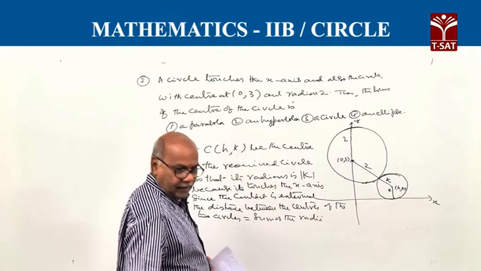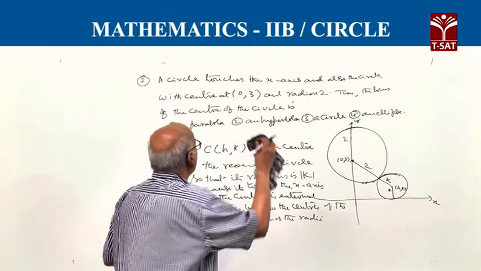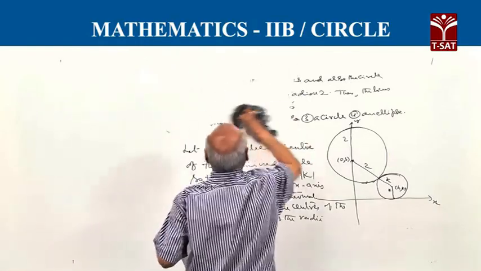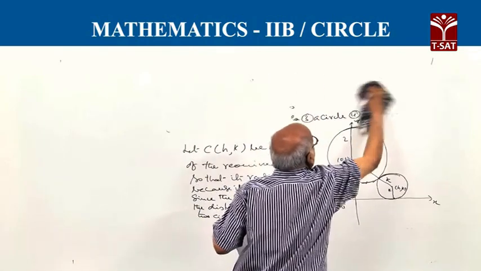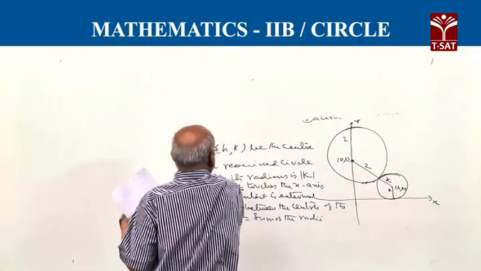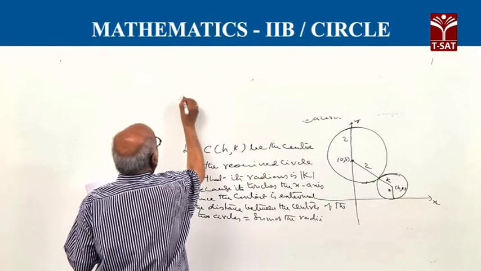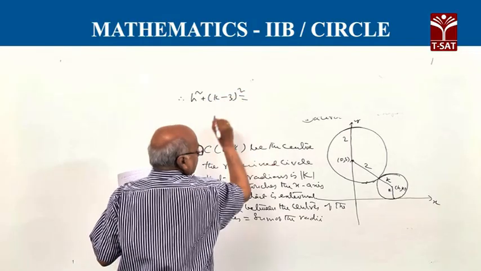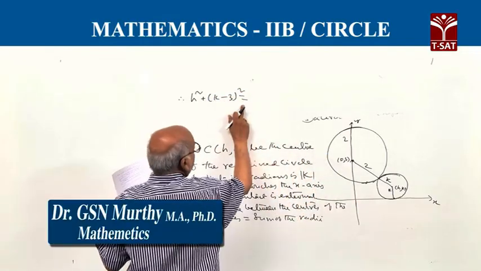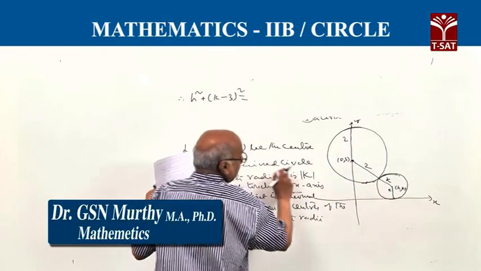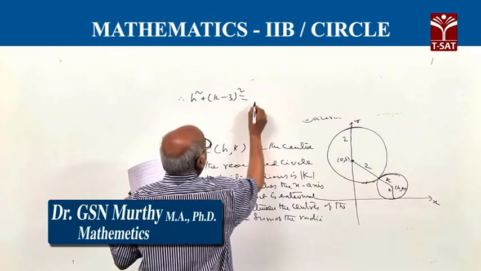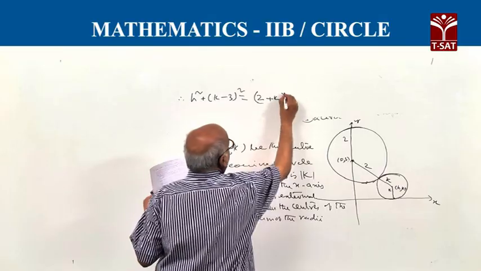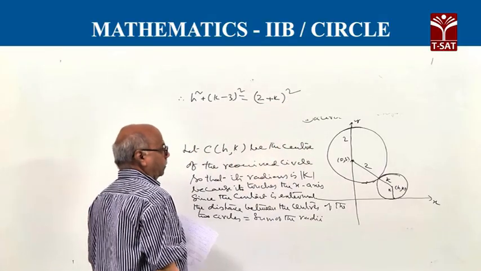Therefore, h square plus (k minus 3) whole square is equal to (2 plus k) whole square.